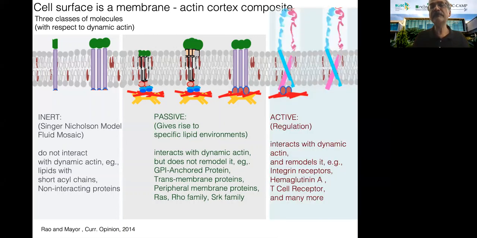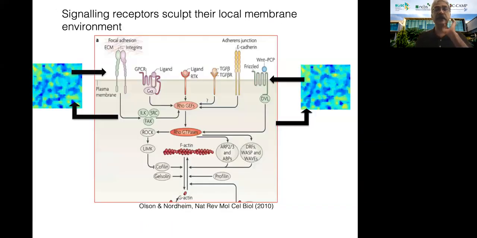And then finally, you have drivers of such a machinery, patches of membrane receptors that would actually drive the production of such systems. That's a story for another day, but we think these are integrin-like molecules. In fact, any signaling receptor will do that. So the membrane itself, we believe, is patterned in this way.